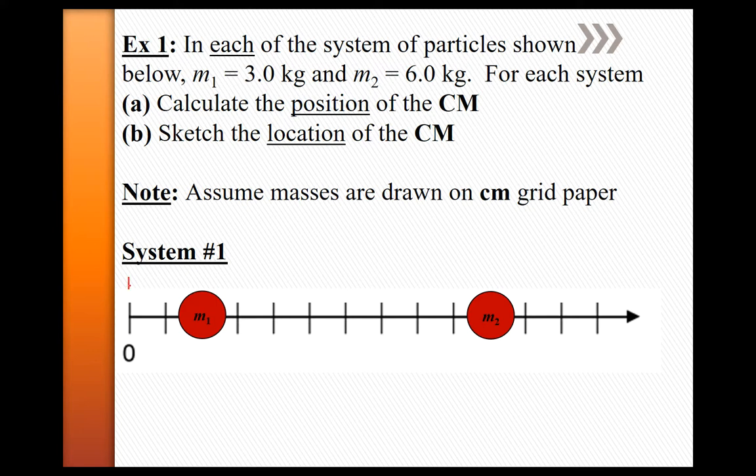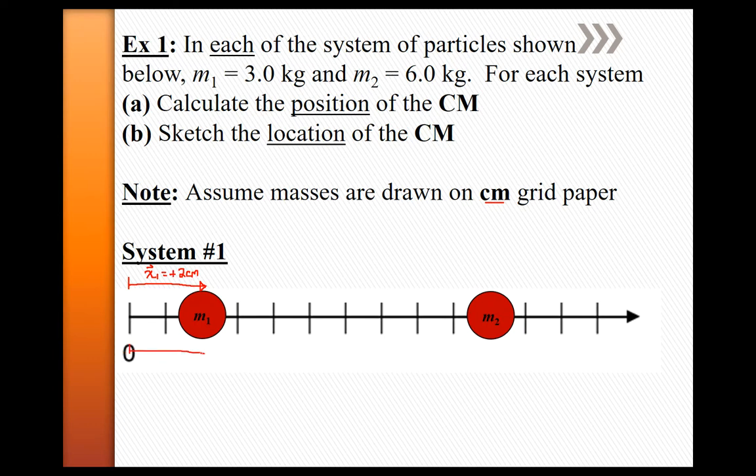So this one will be x1. And we'll say this is the number line, it says centimeter grid paper. Okay, so this would be positive 2 centimeters.